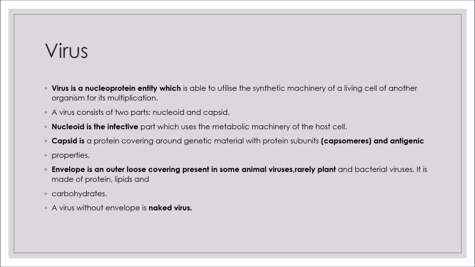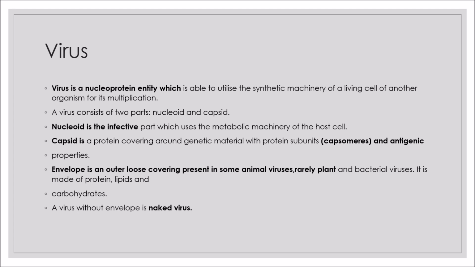A virus consists of two parts, nucleoid and capsid. The nucleoid is the infective part. Because of the nucleoid, the virus is very infective, and it causes some metabolic changes to the host cell. The capsid is the protein covering; the genetic material is inside it, with protein subunits known as capsomers, and antigenic properties are also present.